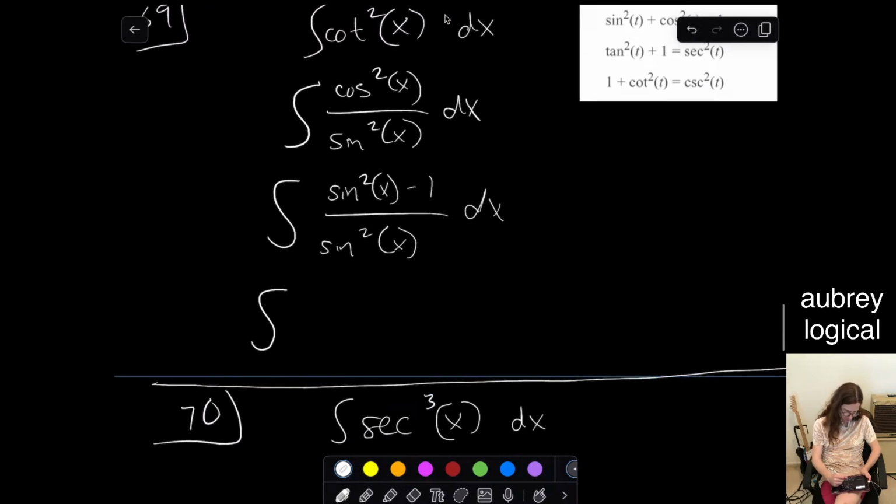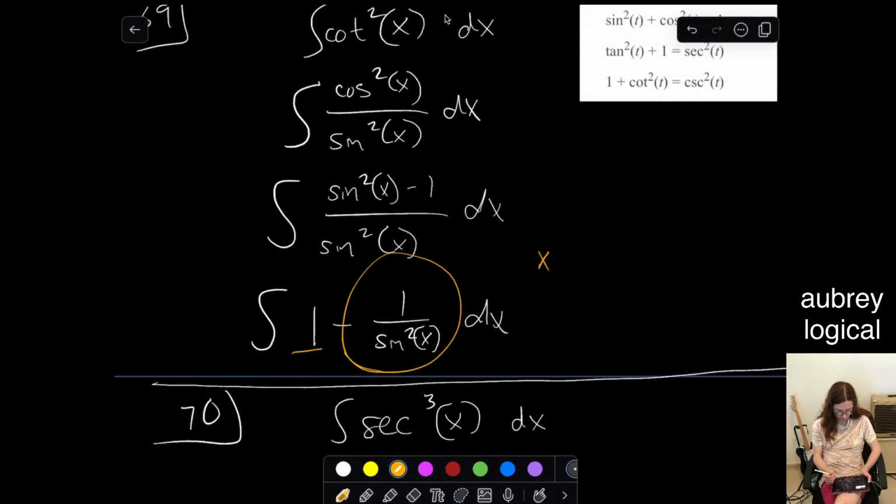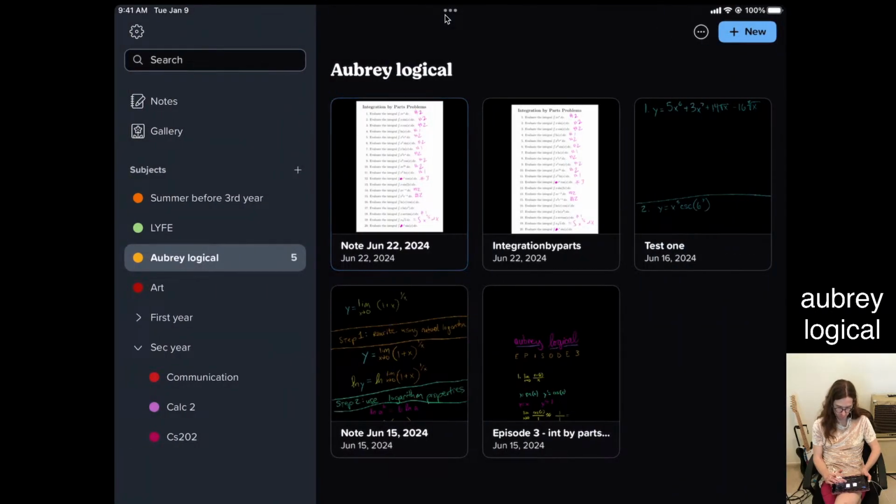And then we have 1 minus 1 over sine squared of x dx. So we can now integrate these separately. The integral of 1 is just going to become x, and the integral of 1 over sine squared of x is going to be on our formula sheet.